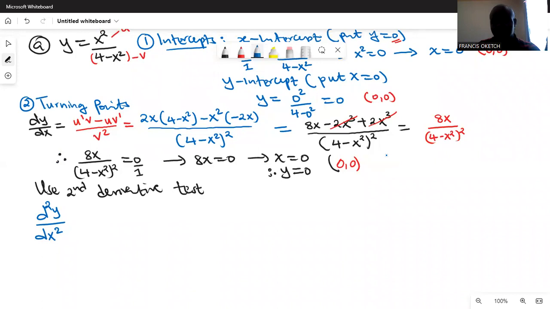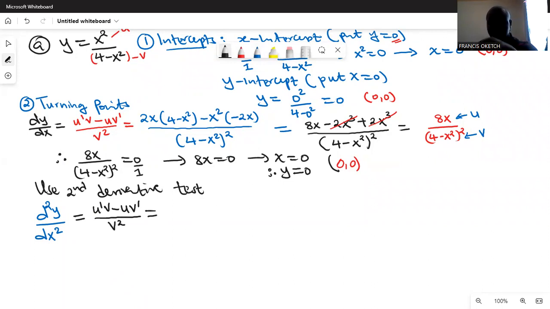So in this case, our u will be 8x, and this denominator, which is 4 minus x squared and everything squared, that will be our v. So when you apply another quotient rule, we expect to find u prime v minus u v prime, everything over v squared.